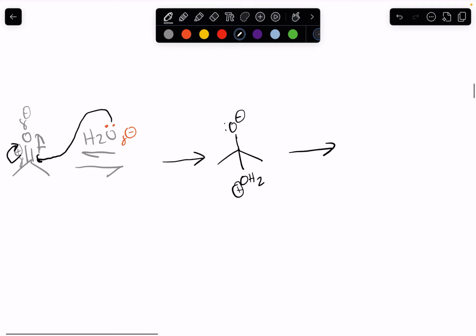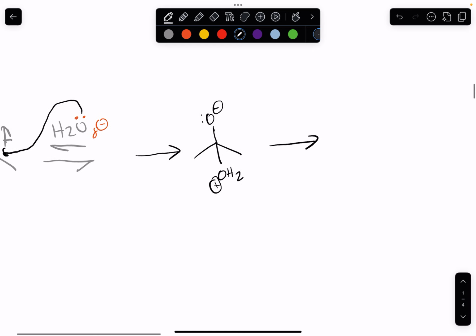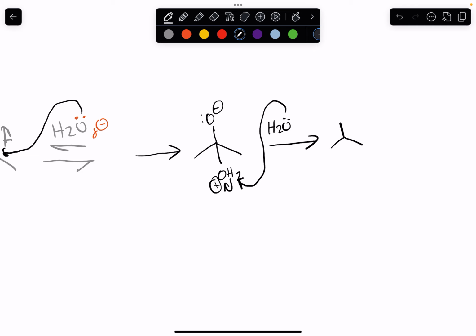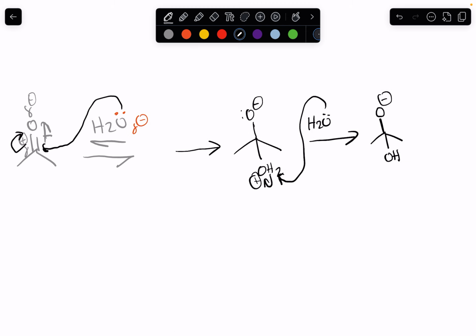When we say H2O, we always assume it's excess H2O, meaning that we have leftover H2O. So we first start off by deprotonating. And you're probably asking, why do we start off by deprotonating? This is due to the acidic conditions.